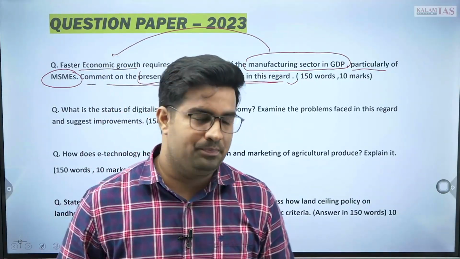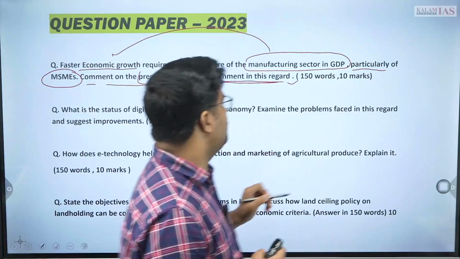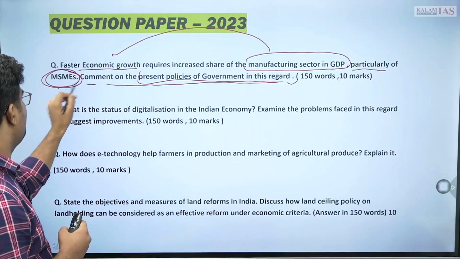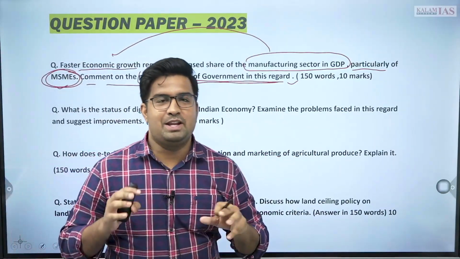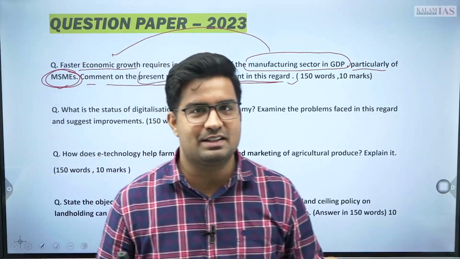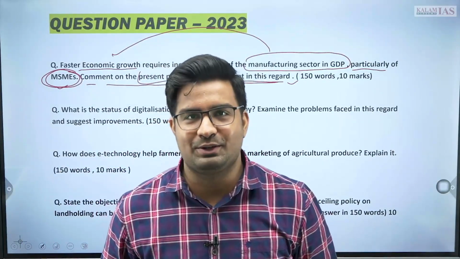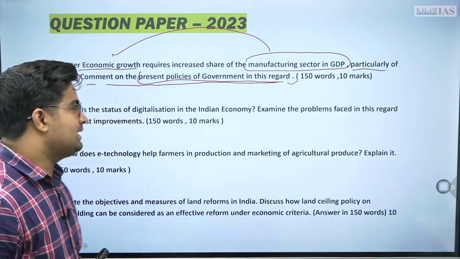But in that you need to put more emphasis on the MSME sector, and I am very sure the things I have discussed with you, you have mentioned in your answer today. So let's move forward to the next question.